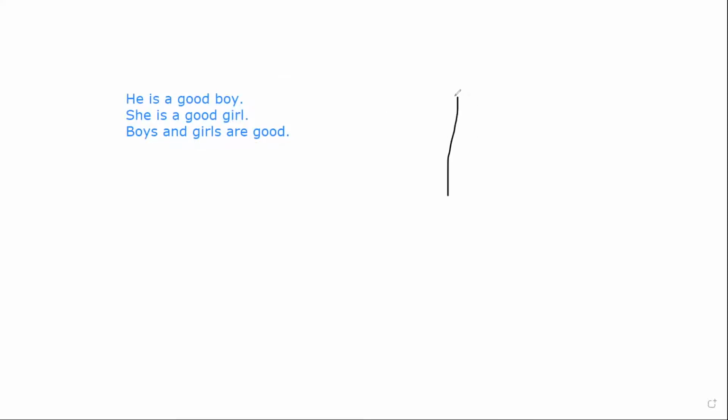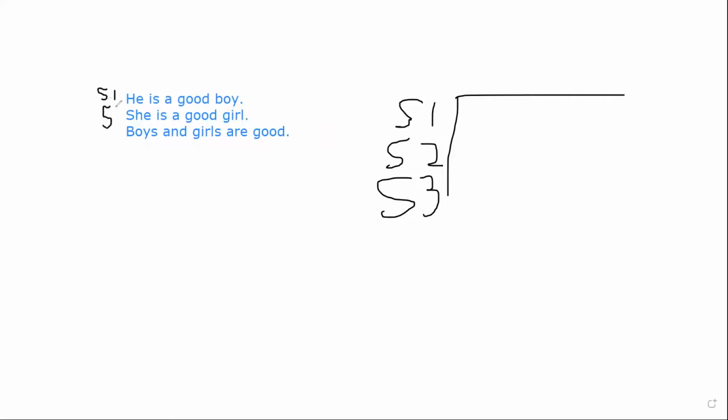Now let's make a small table showing how many times the words occur. Let me label them as sentence 1, sentence 2 and sentence 3. He is a good boy will be the first sentence, she is a good girl will be the second sentence, and boys and girls are good will be the third sentence.